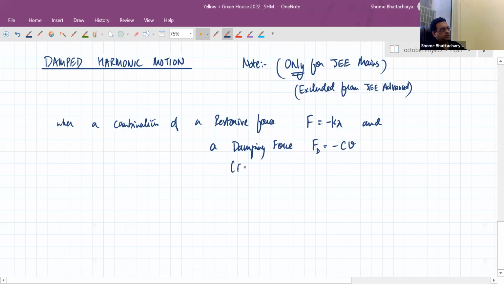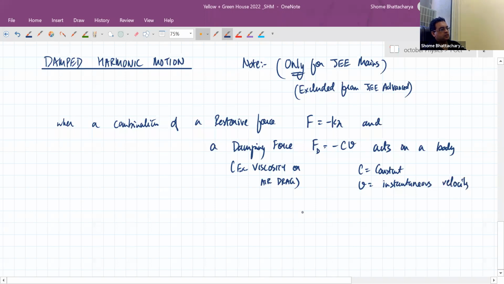Example, viscosity or air drag, that type of force acts on a body where C is a constant and V is instantaneous velocity. Okay. So this is a 1D system along x-axis.